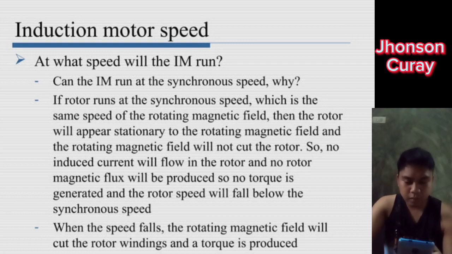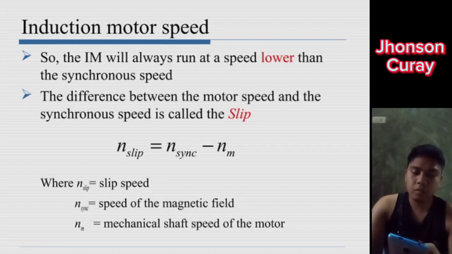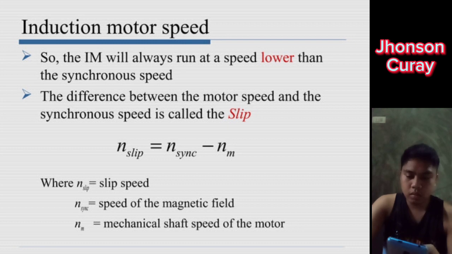When the speed falls, the rotating magnetic field will cut the rotor windings, and a torque is produced. So the IM will always run at a speed lower than the synchronous speed.